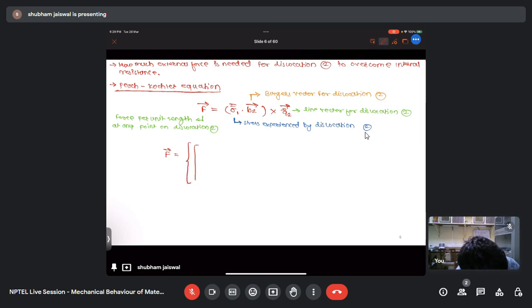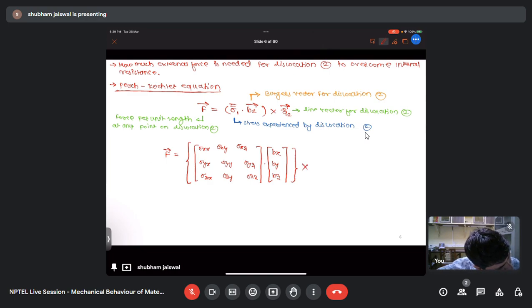Sigma I can write as sigma xx, sigma xy, sigma xz, sigma yx, sigma yy, sigma yz, sigma zx, sigma zy, sigma zz, into the Burgers vector, that is bx, by and bz, and its cross product with the sense vector, that is zeta x, zeta y and zeta z.